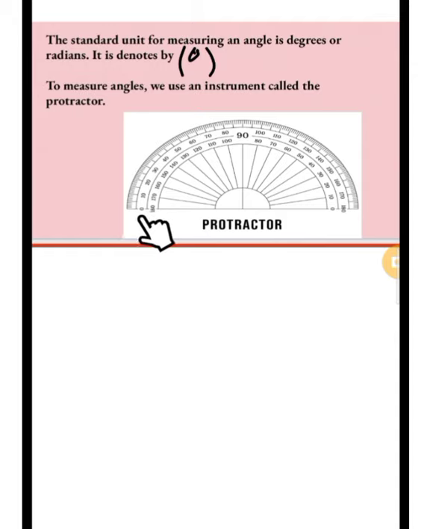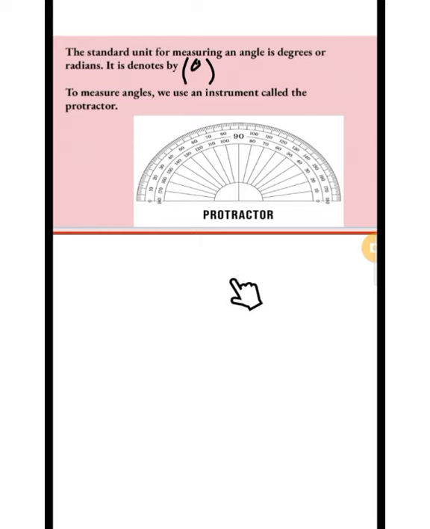In the outer scale also we have from 0 to 180. Next, see this line, we call it the baseline. This is the inner scale, and this one is the outer scale.